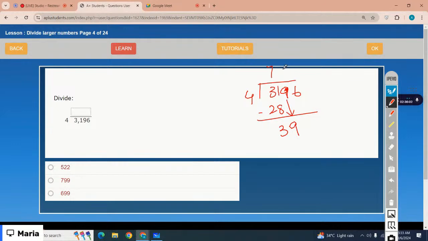That is 4 times 9 is 36. And 39 minus 36 is 3. So you need to bring the next digit down.